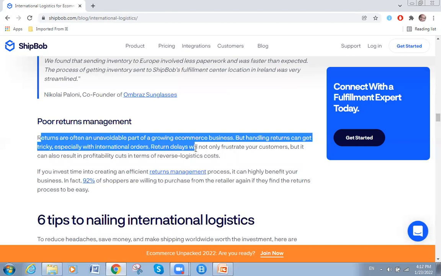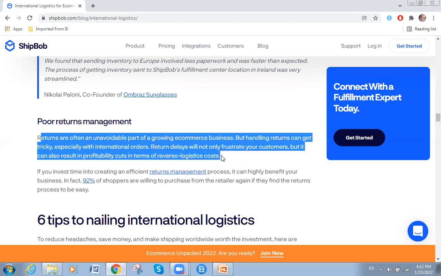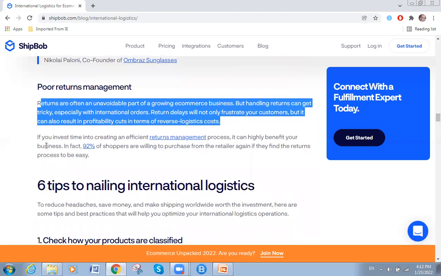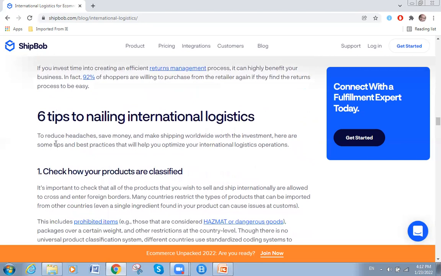Return delays will not only frustrate your customers, but can also result in profit cuts in terms of reverse logistics costs. So if you invest time into creating an efficient return management process, it can highly benefit your business.